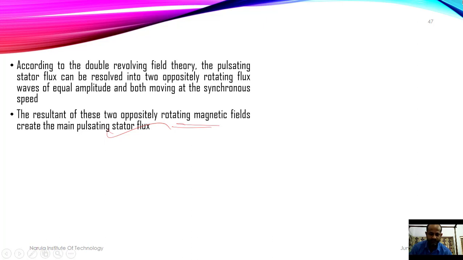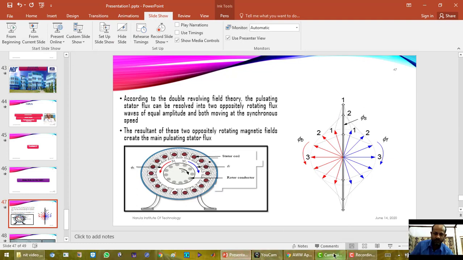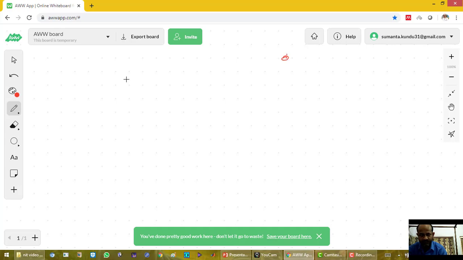Okay, so we know that phi equals phi m cos omega t, a sinusoidal flux rotating at omega rad per second, that means cos omega t means cos 2 pi f t.